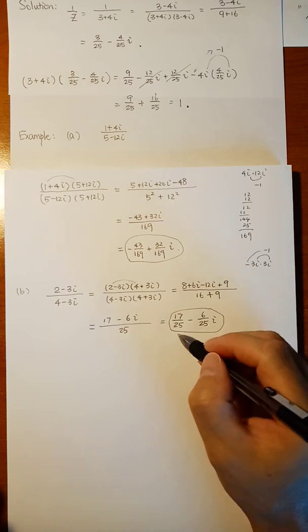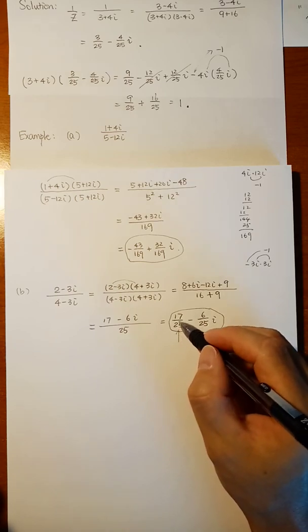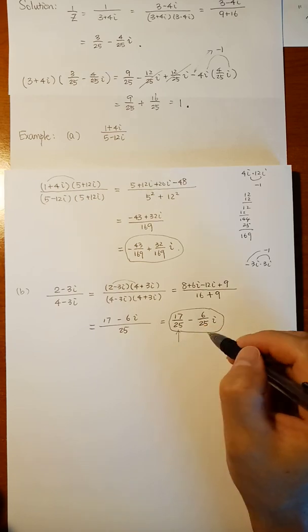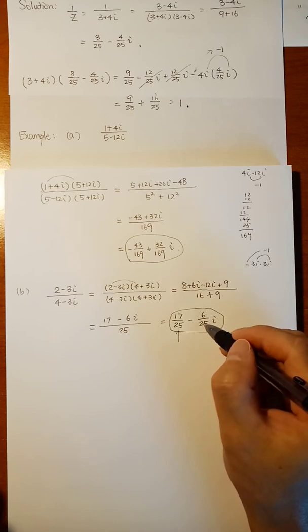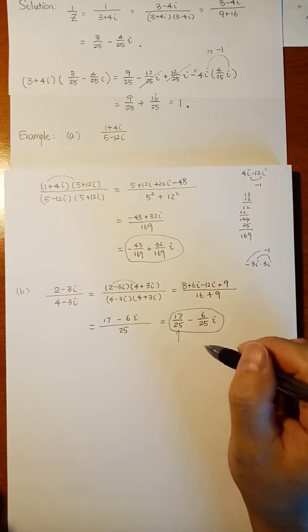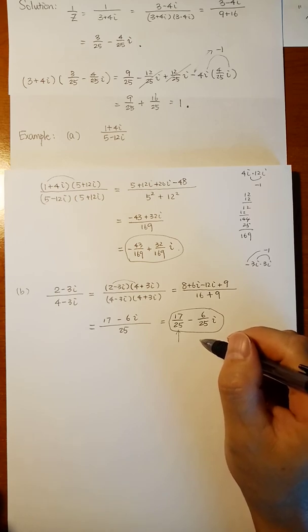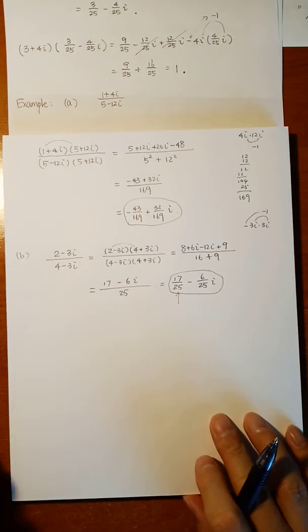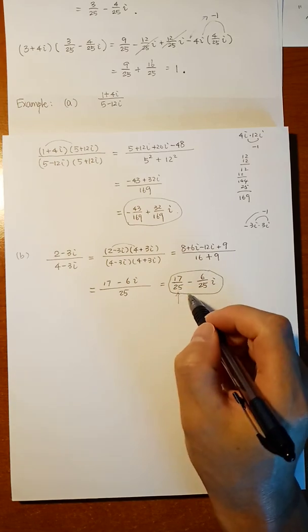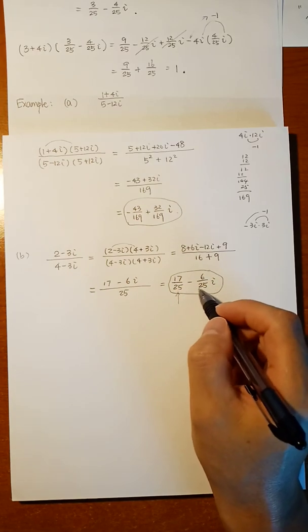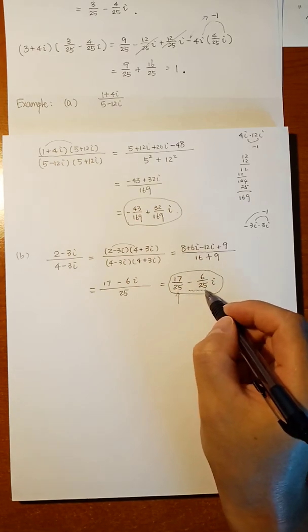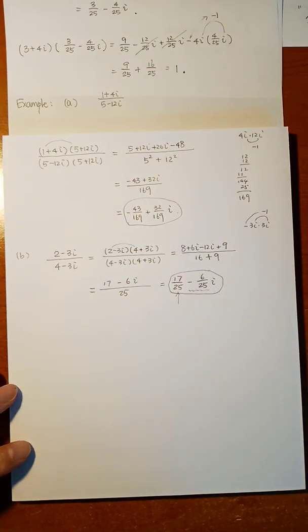But be careful, in this example in the standard form, a is 17 over 25, b is negative 6 over 25. A and b both contain signs. Don't forget the sign. If there's no sign, it's positive. But don't forget the b part. The b part here is negative 6 over 25.